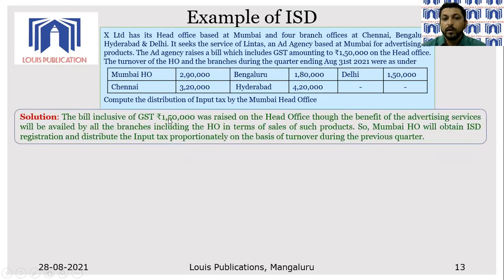So the bill inclusive of GST 1,50,000 was raised on head office only, though the benefit of advertising services will be availed by all the branches, including the head office. Mumbai head office has also availed services in terms of sales of such products. So Mumbai head office will obtain input service distribution, ISD registration, and will distribute the input tax proportionately on the basis of turnover during the previous quarter.